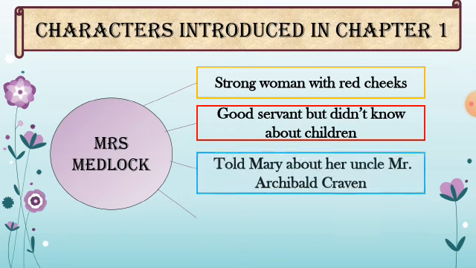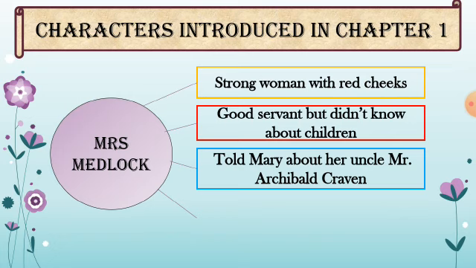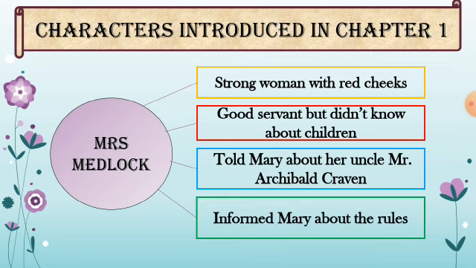She told Mary about her uncle, Mr. Archibald Craven, who lives in Misselthwaite Manor. She told her that it has 100 rooms and lots of gardens, but there are rules. She told her that she must not open the locked doors or play in the corridors, as her uncle doesn't like it.